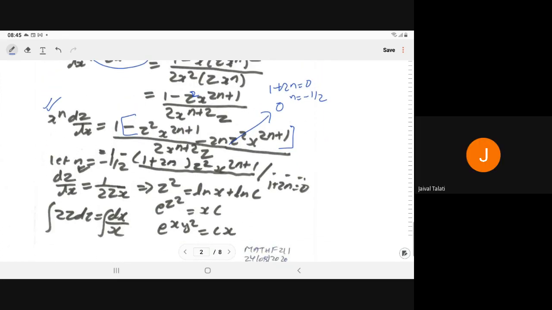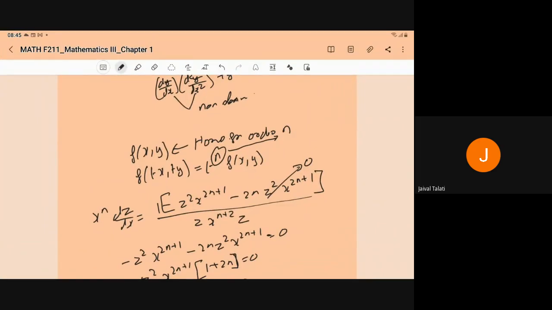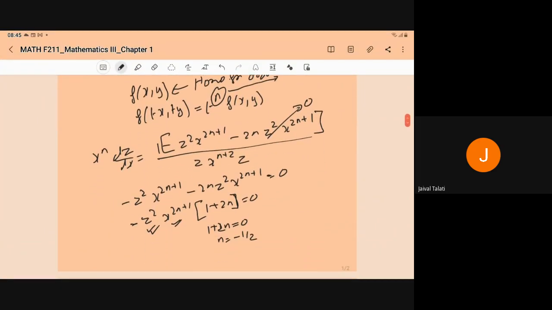Can you please explain why we are making that term zero once again? Actually, if you observe, here you can separate the z and x in the denominator, but in the numerator you cannot separate because of the presence of this term.